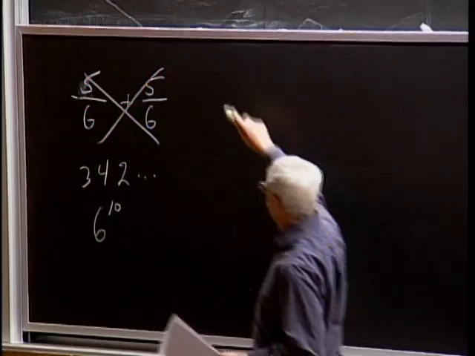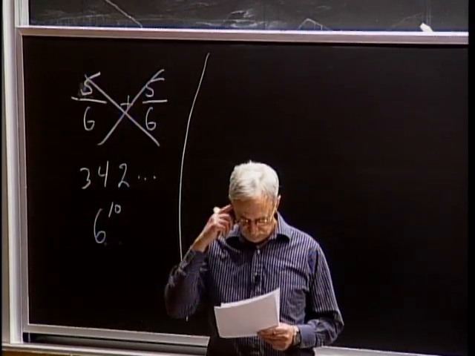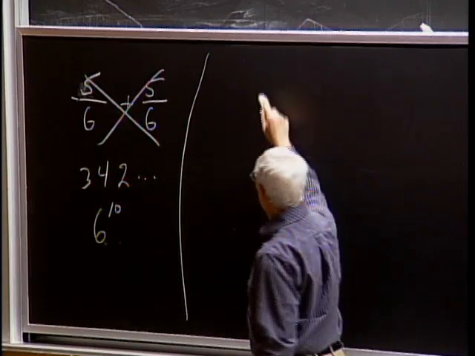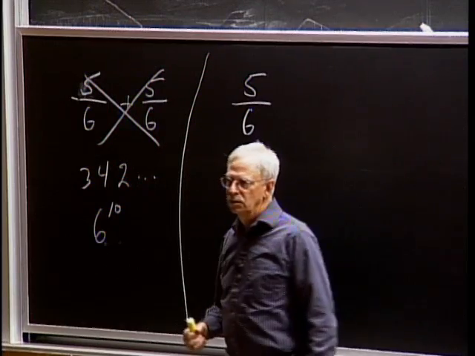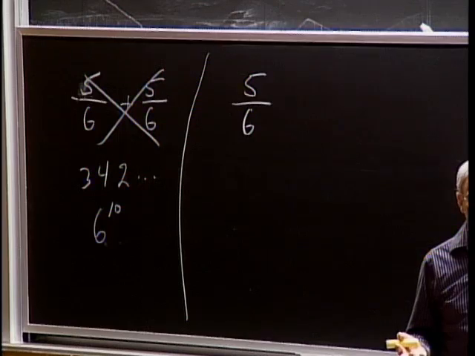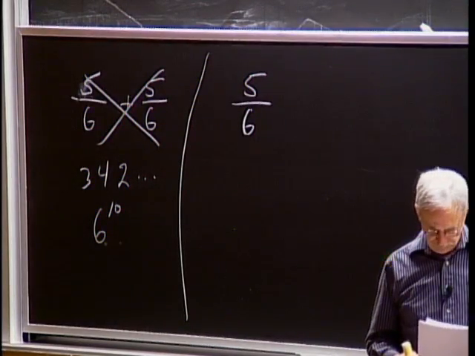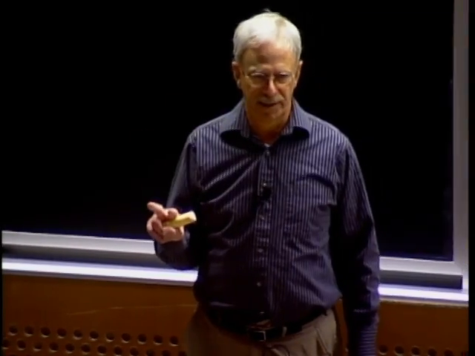All right, so that's really the question I'm now asking. How many of these don't contain a 1? So as we said, if I look at the first roll, the odds of not getting a 1 the first time is 5 over 6. Now, what's the odds of not getting a 1 the first or the second time?